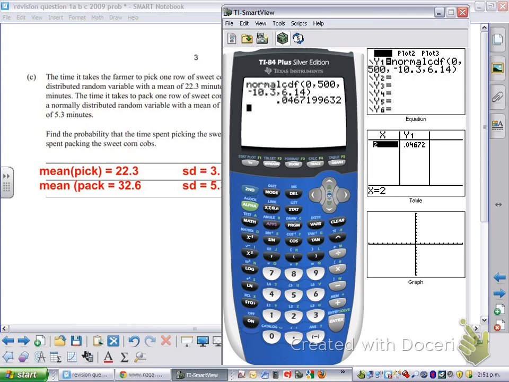Voila, answer. There it is, 0.0467. So that's the probability that time spent picking is greater than the time spent packing. Not much time.